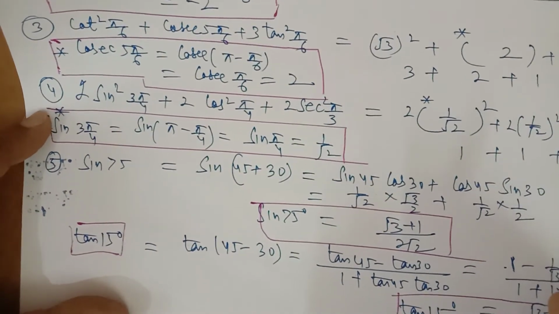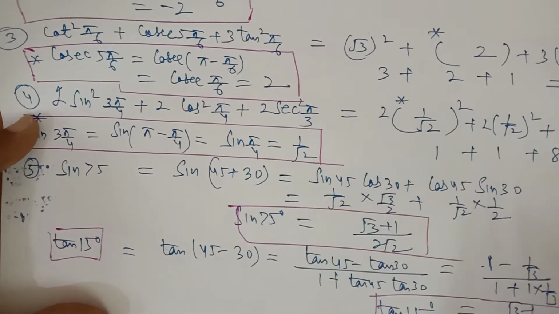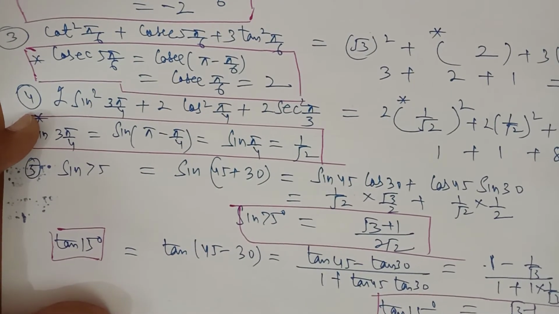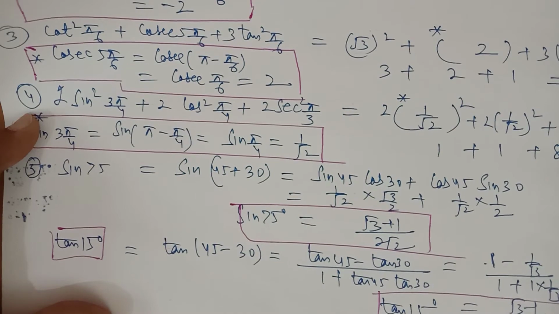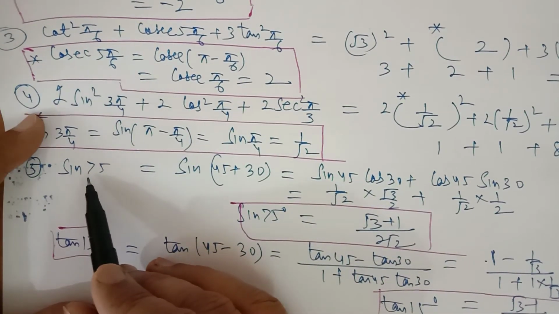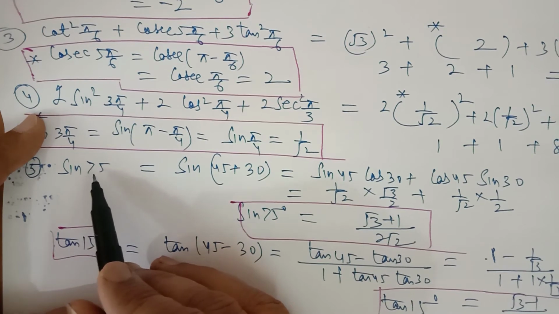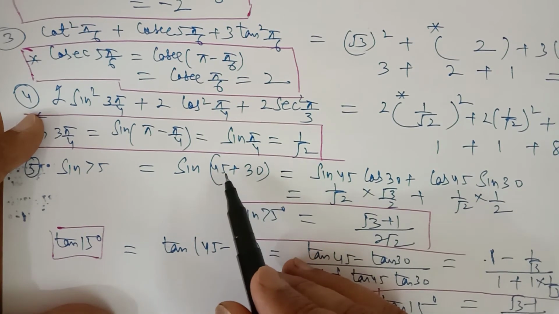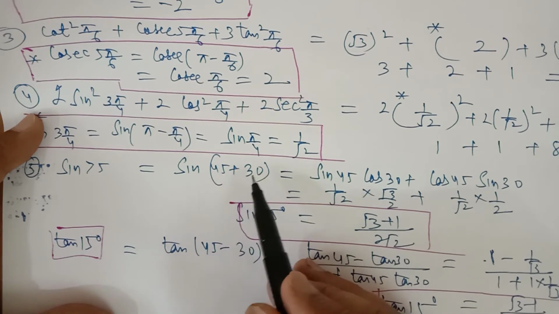Question number 5 onwards, now we have to use the formulas we have discussed very deeply in lectures 1 and 2. For example, you have to find the value of sine 75. Now you have to break this angle into those angles whose value you know directly. That is, for 75 you can write 45 plus 30, because for the trigonometric ratios of sine, cos, tan, cosec, sec and cot, you know the value of 45 and 30.